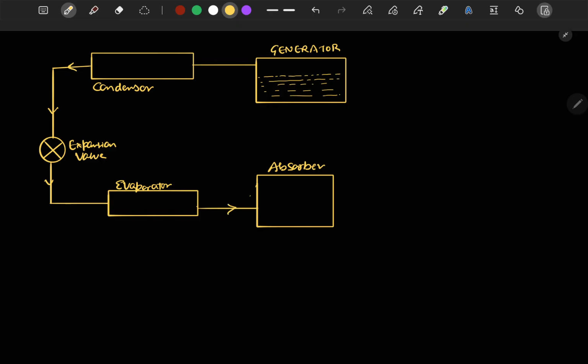The evaporator exit is in the absorber, and the liquid from the absorber is pumped into the generator.